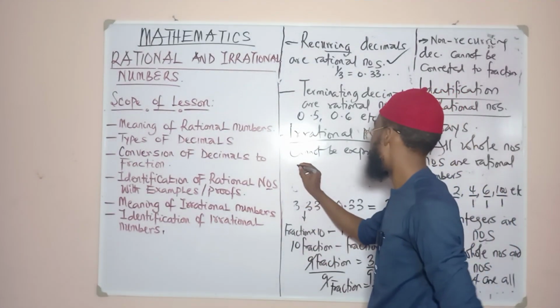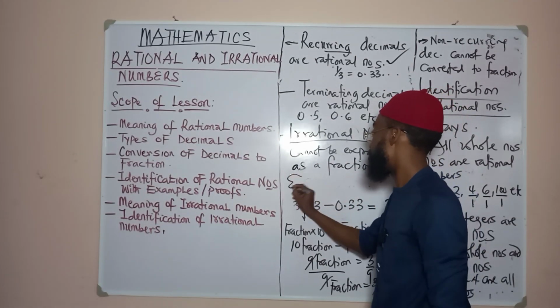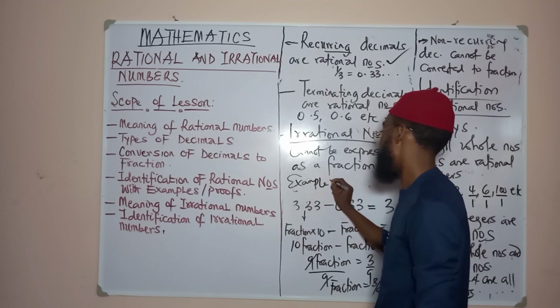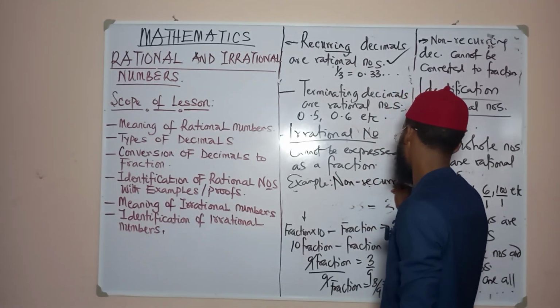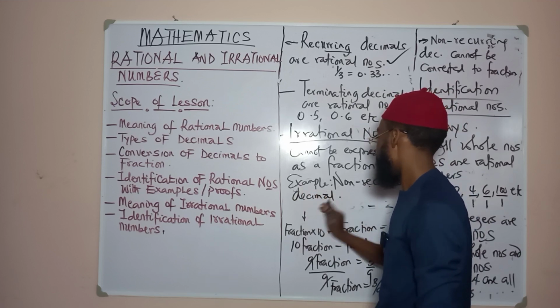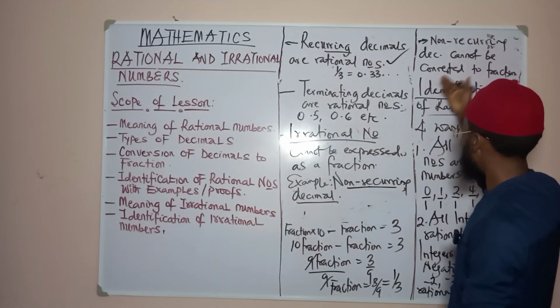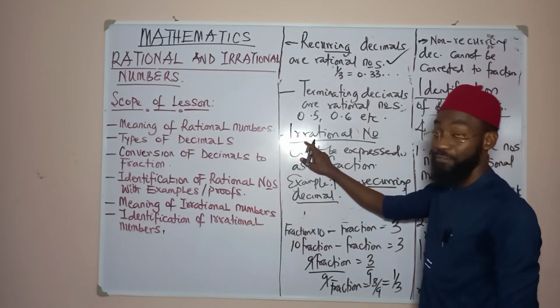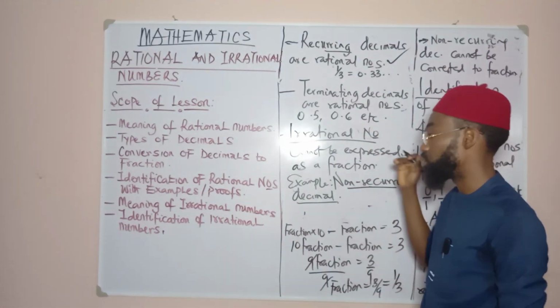The only type of decimal that comes into this place is called the non-recurring decimal. So you can't express a non-recurring decimal as a fraction. We've already said it here. So it falls into irrational numbers. You can't express an irrational number as a fraction.